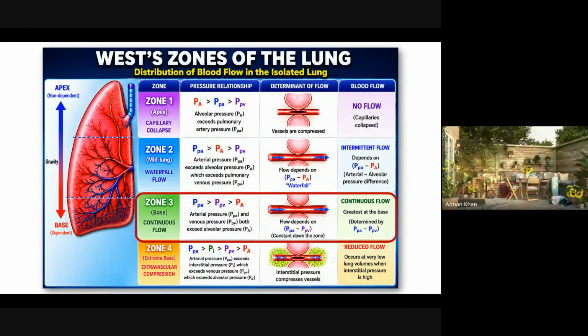Keep in mind that at very low lung volumes, a fourth zone may appear at the extreme of the lung bases. In the fourth zone, increased interstitial pressure compresses the extra-alveolar vessels, which further reduces the blood flow despite the region being gravity dependent.